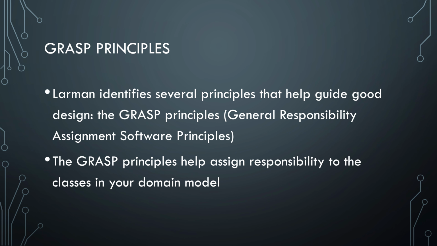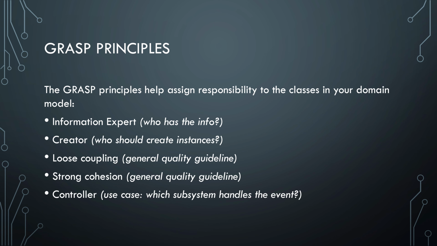Larman also identifies several principles to help design good software. These are called the GRASP principles. GRASP principles help assign responsibility to the classes in your domain model. There are 5 of them. First, we have the information expert principle and the creator principle.